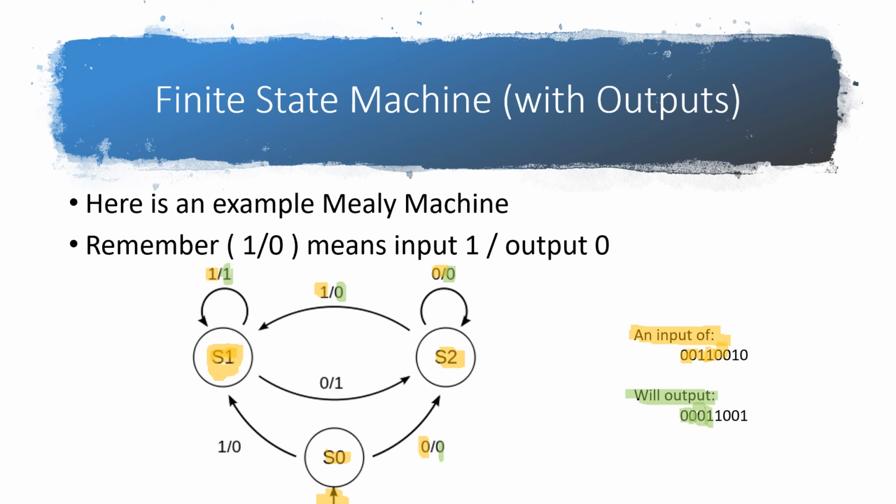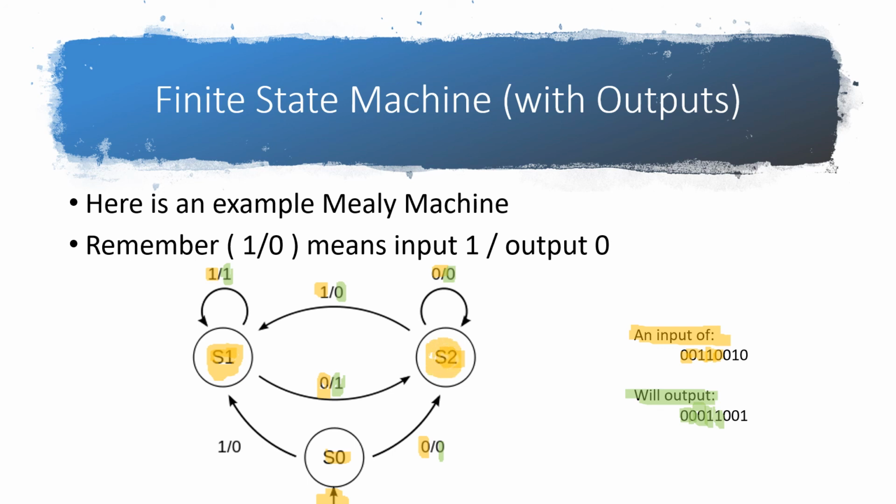Oh, let me just rub that out. I've gone over that other 0 there. Right, so our next input is that 0, which is going to use this transition, and our output is a 1, and that is my output there. And I'm now on S2.